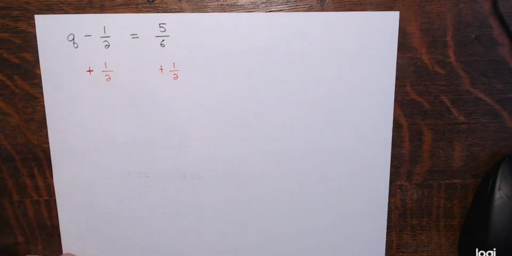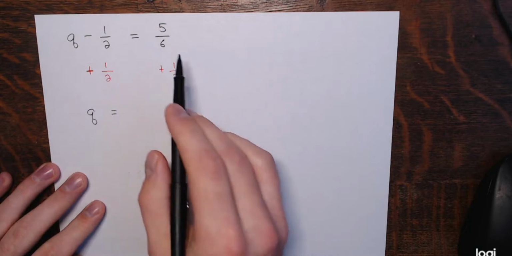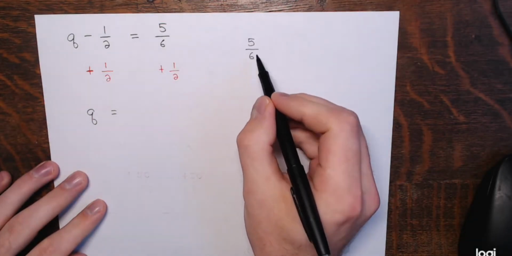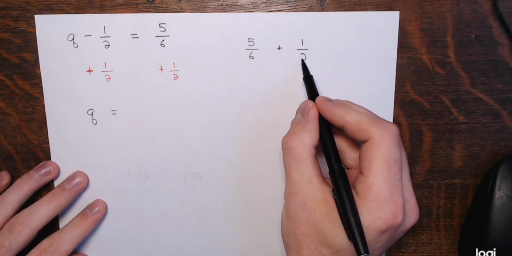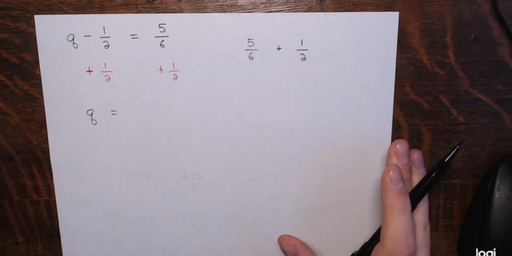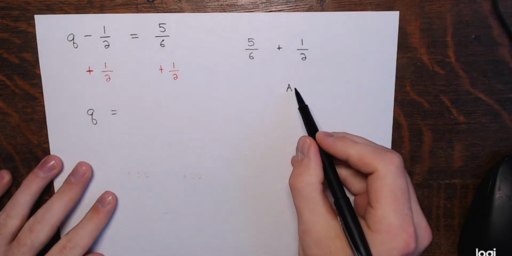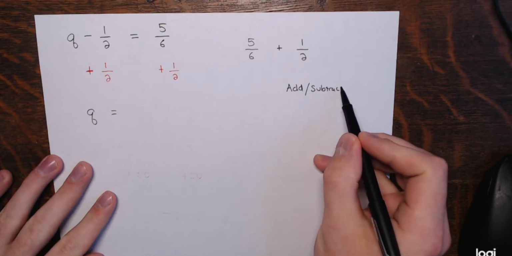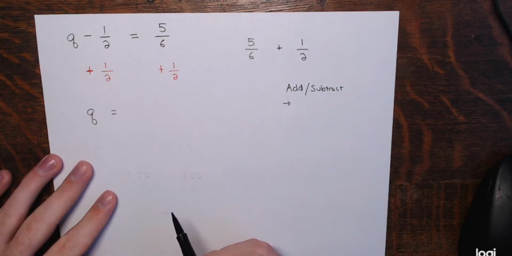So now on the left side, I have Q equals, now this is where you got to be careful. I'm going to do this off to the side. We have 5/6, and then I'm adding 1/2. Now you can't just add the numerators and add the denominators. Remember, for addition and subtraction, and it's only for addition and subtraction, you need to have the same denominator.